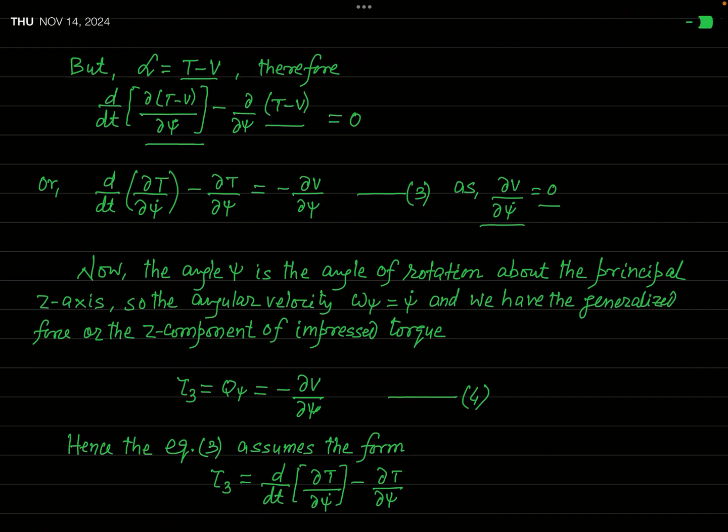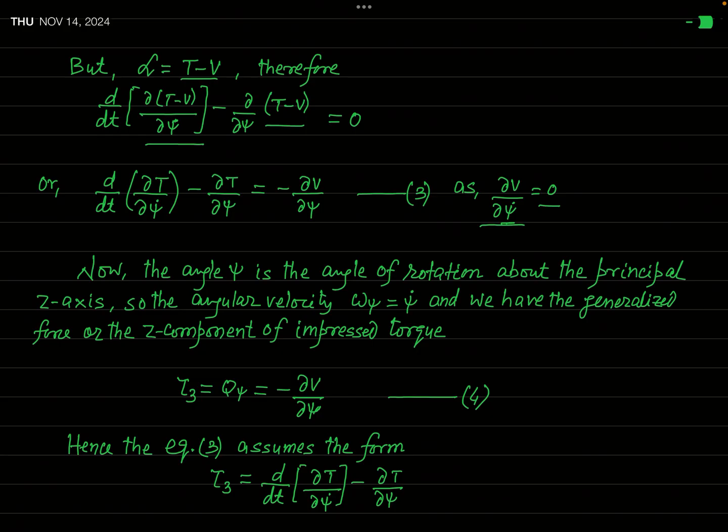Because for a conservative system, the potential function does not depend on the generalized velocity. It depends on the generalized coordinates only. So the partial derivative of the potential function with respect to the generalized velocity psi dot is 0, so I have not written it here.